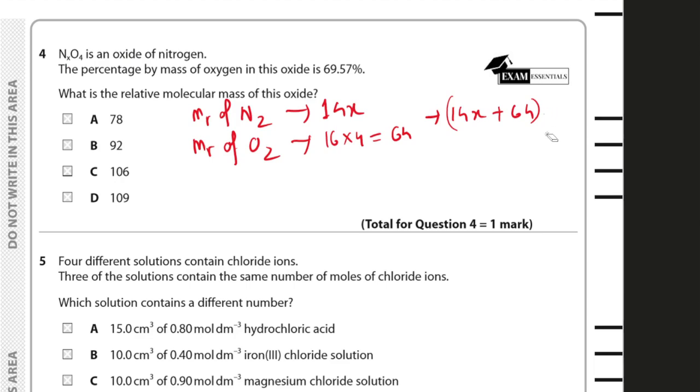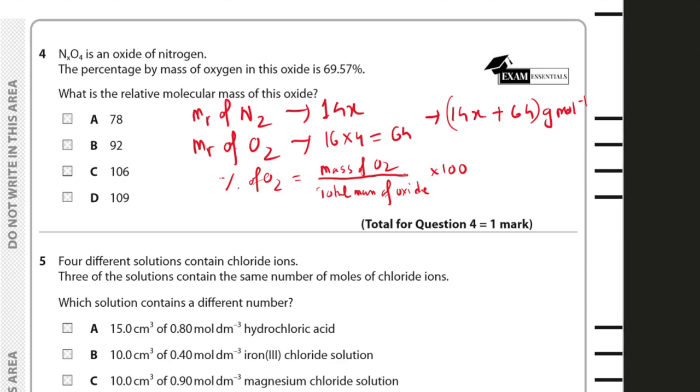Now, the next part is, since we're provided the mass of oxygen in the form of percentage, we can use this formula down here, which is that percentage of oxygen is equal to, of course, mass of oxygen divided by total mass of oxide times 100.